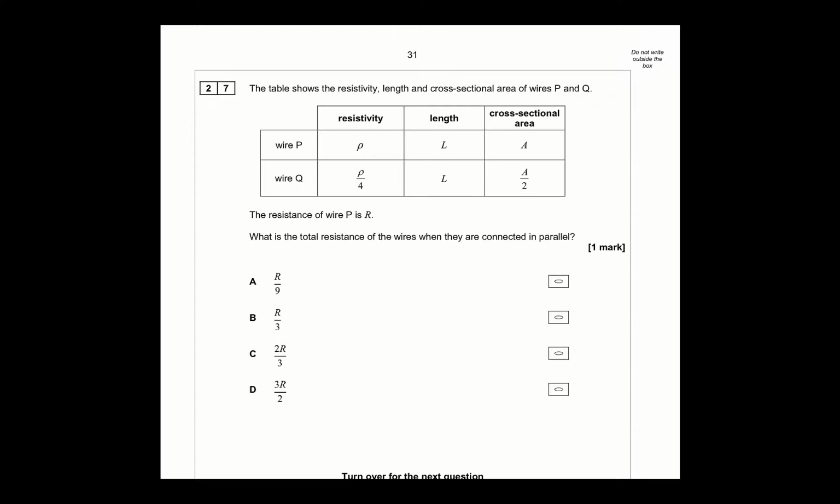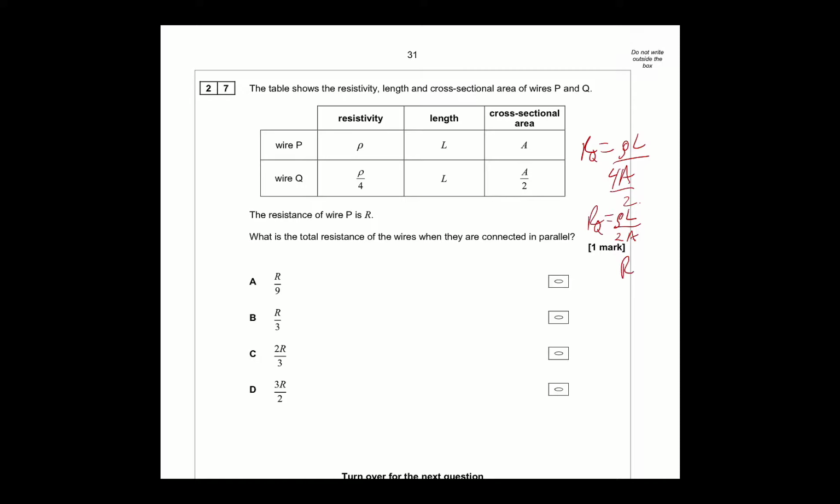So, resistance R is rho L over A. Now for wire Q I've got rho over 4, so I'm going to put a 4 there, and A divided by 2. So RQ is equal to rho L over 2A, so it's half.